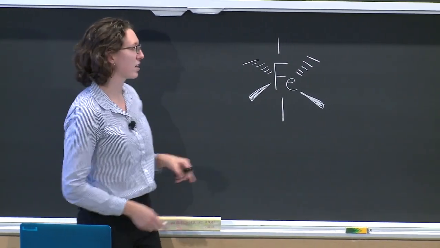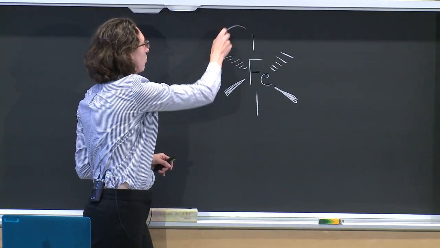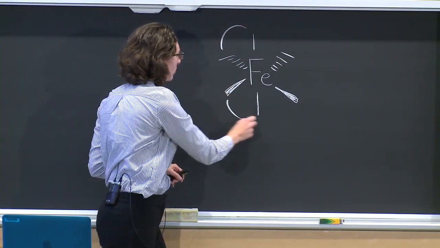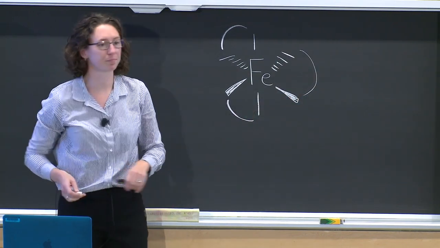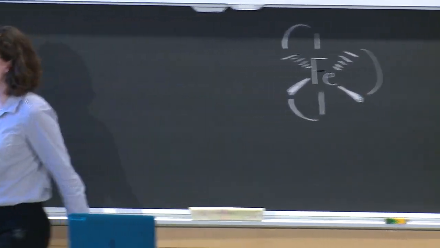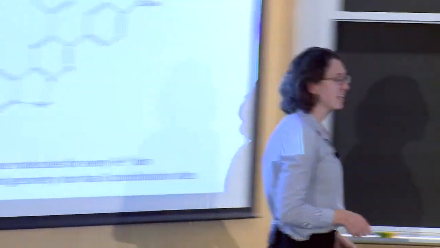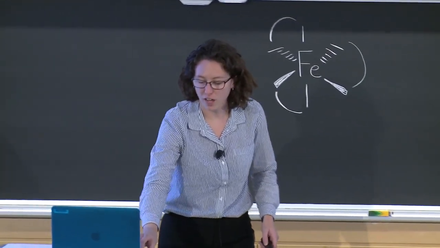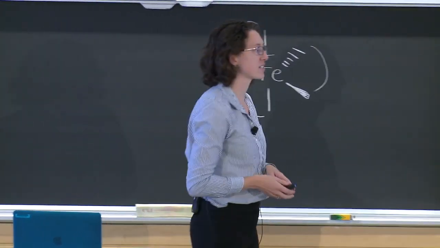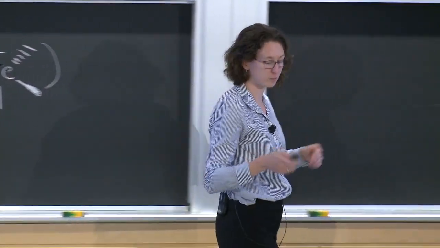If there are 6 binding sites on iron, then you'll have 1 ferrozine here, 1 there, and 1 there. It bonds through these 2 nitrogen centers here. And again, like the Coomassie dye, there are a lot of pi electrons and aromatic systems which help to give it its color.